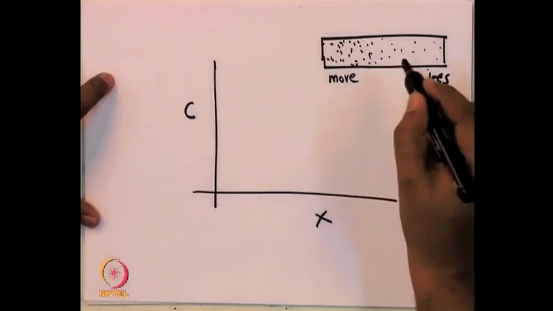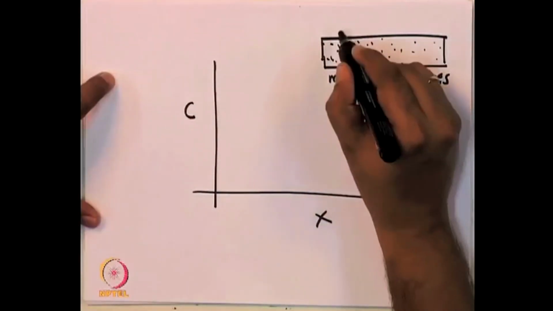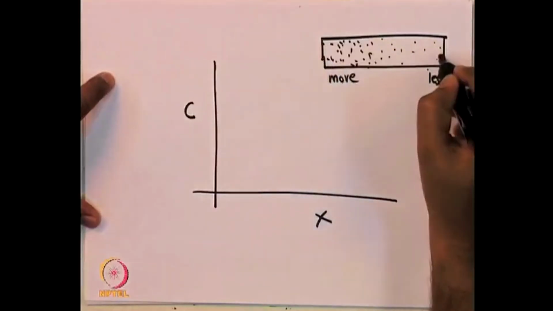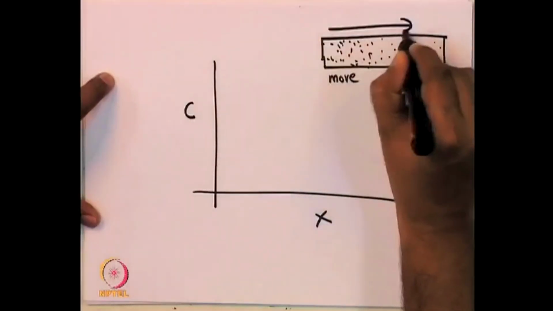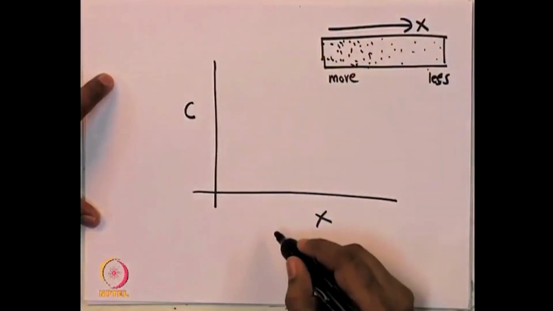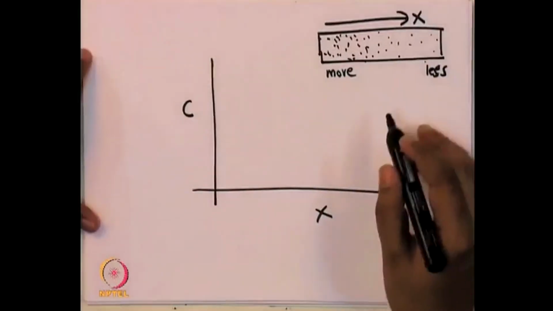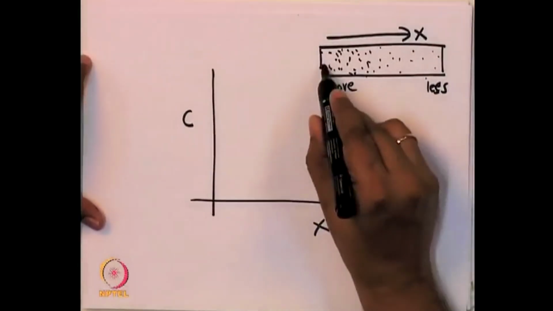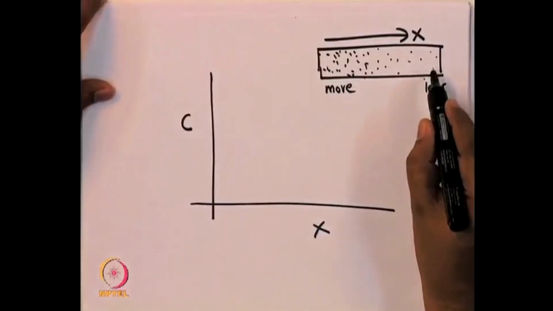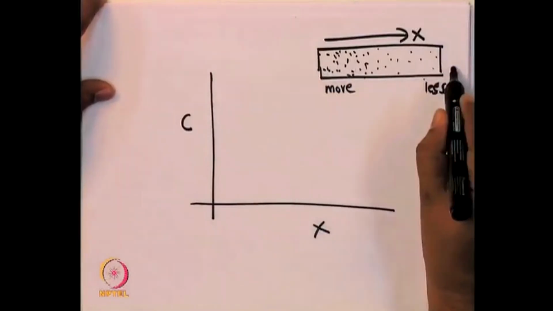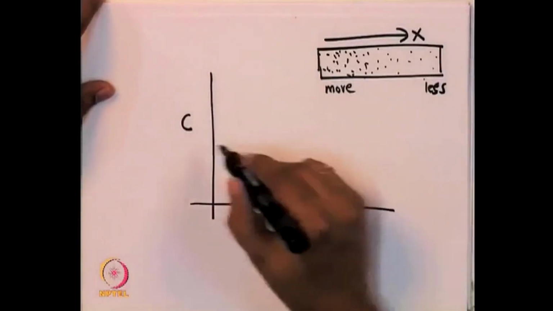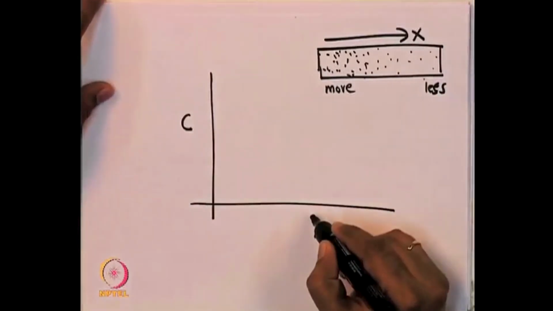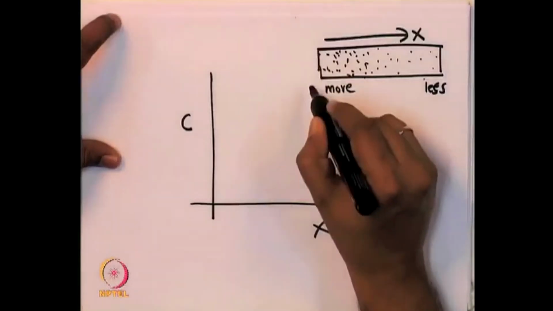So, the concentration C here is greater than C there. If you take this as the x axis, as you go along the x axis, the concentration is decreasing. So, let me plot concentration versus the distance from the left end.